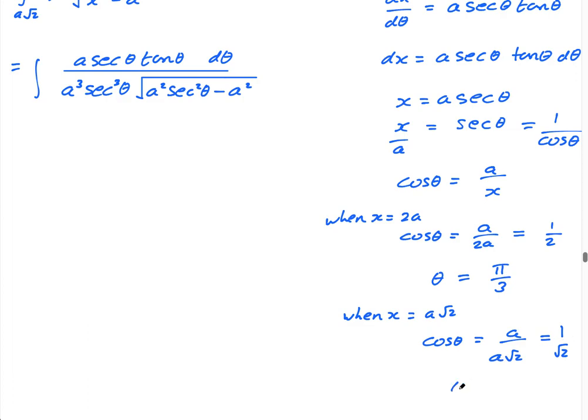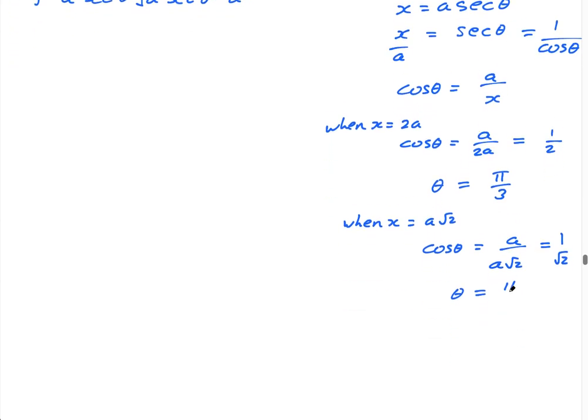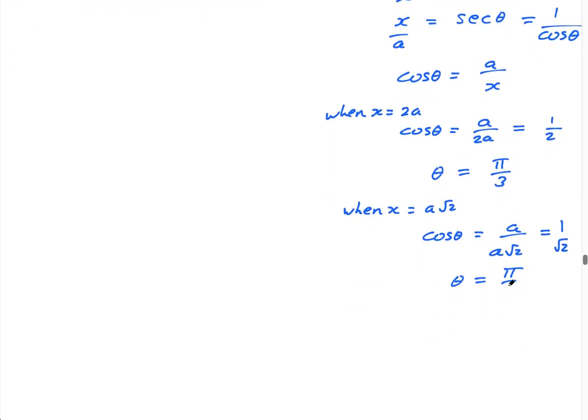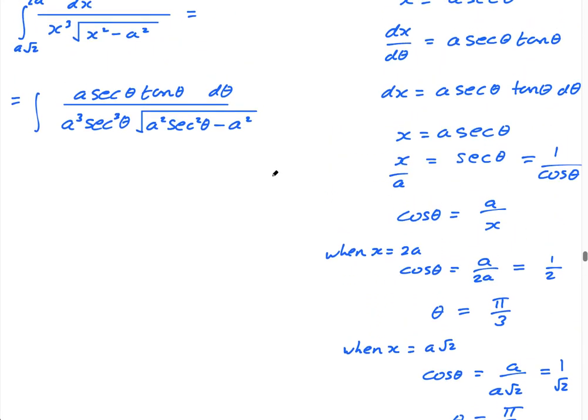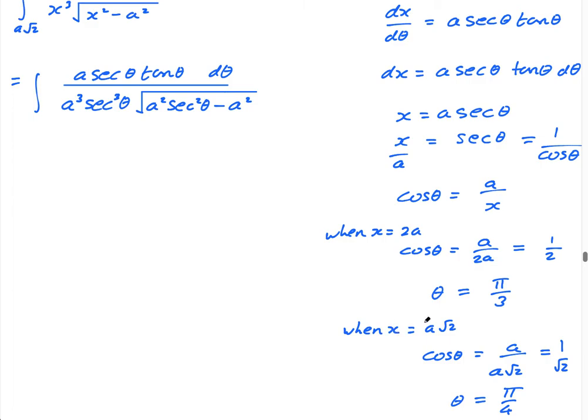And again, visualizing my triangles, that means theta is pi over 4. So now I have my limits. It goes from pi over 4 to pi over 3.